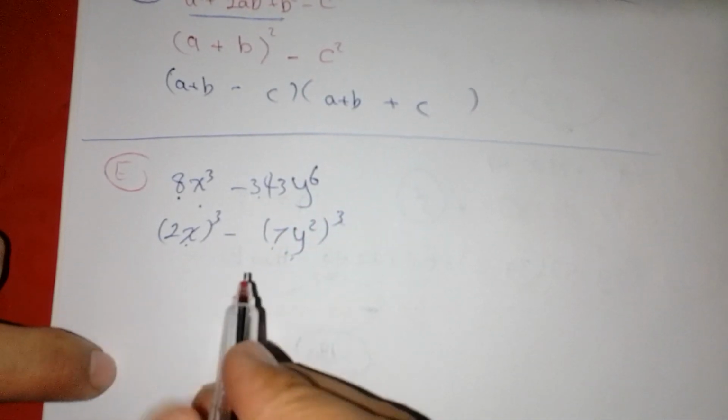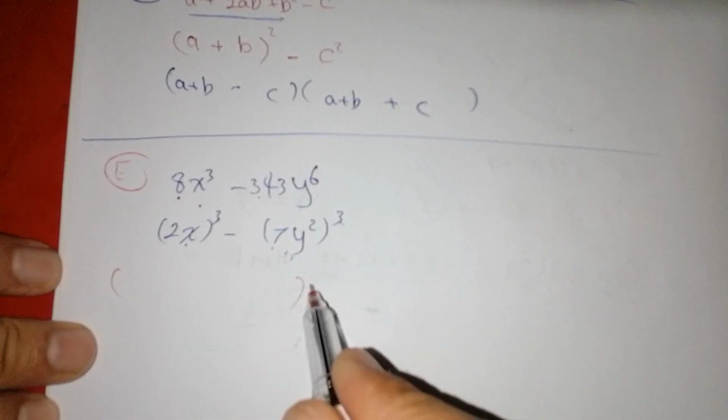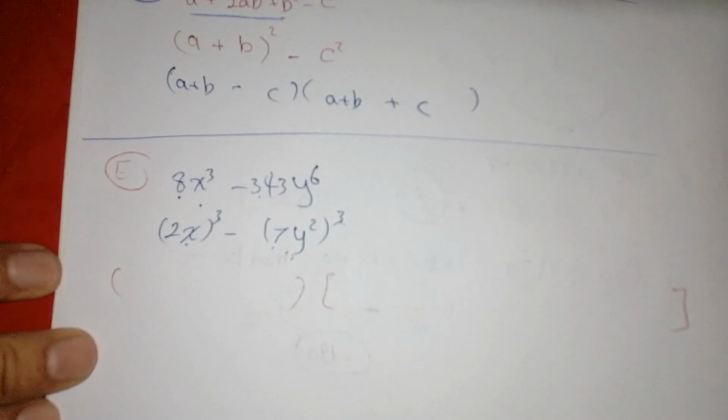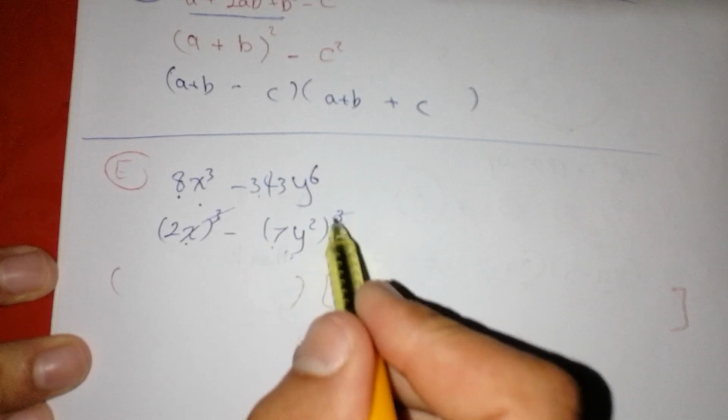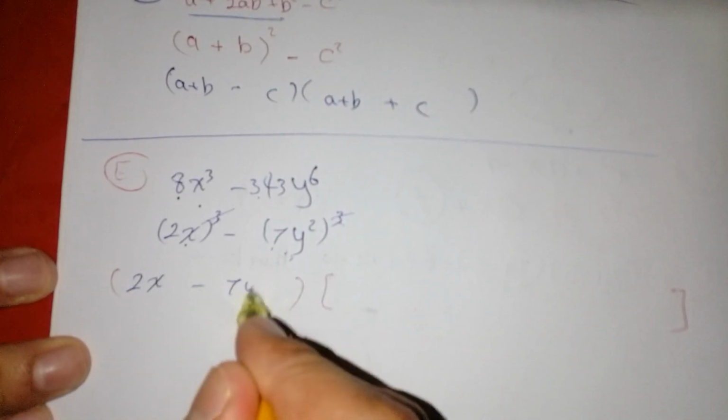So we have a difference of two cubes. Can we factorize it? Yes, by using a smaller bracket and a greater one. We can cancel the cube power and write the result: (2x minus 7y squared).